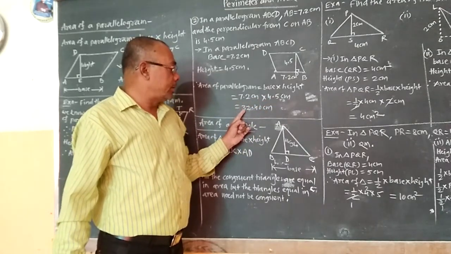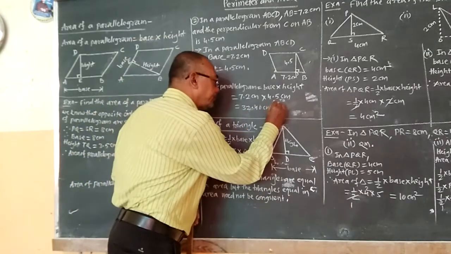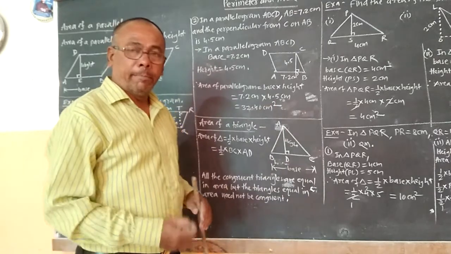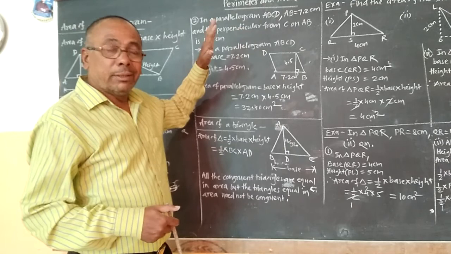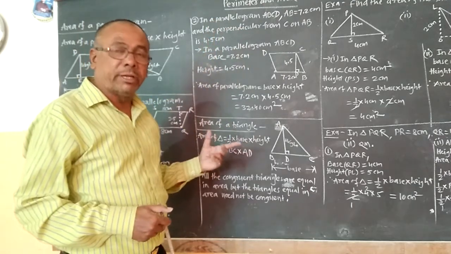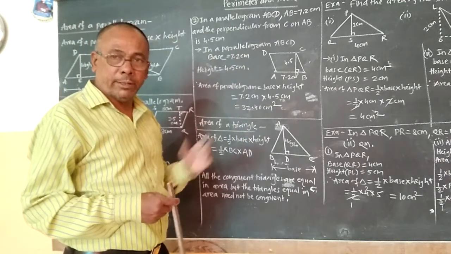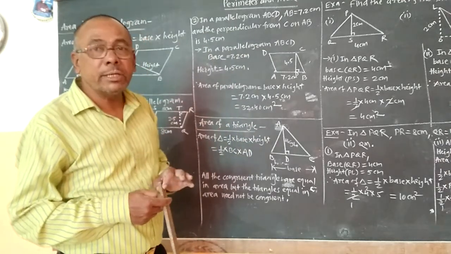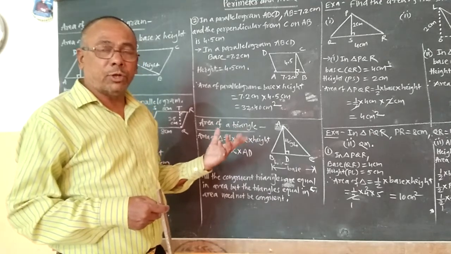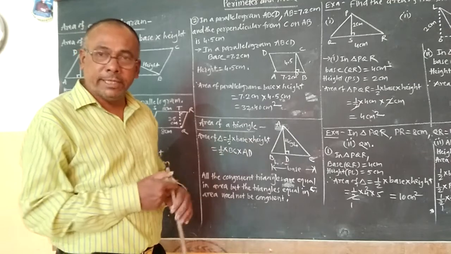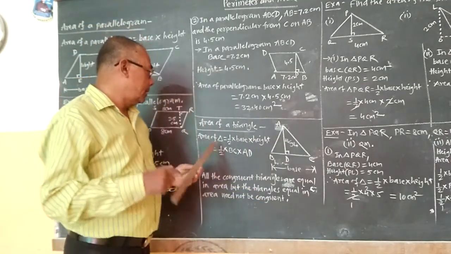So it will be 32.40 centimeter square. So in this way, though the height and base were not given clearly in the example, we drew the figure, found which is base and which is height, and then substituting these values, we found the area of the parallelogram.